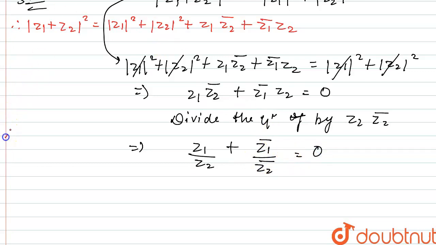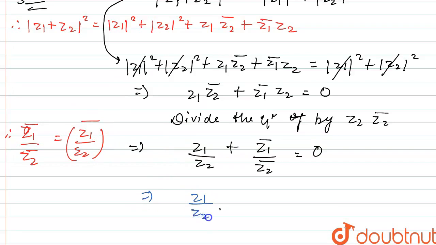Now using the conjugate property, that is if we have z1 bar upon z2 bar, then this can be written as z1 upon z2 whole bar. Using this property, we'll write this as z1 upon z2 plus z1 upon z2 whole bar is equal to 0.